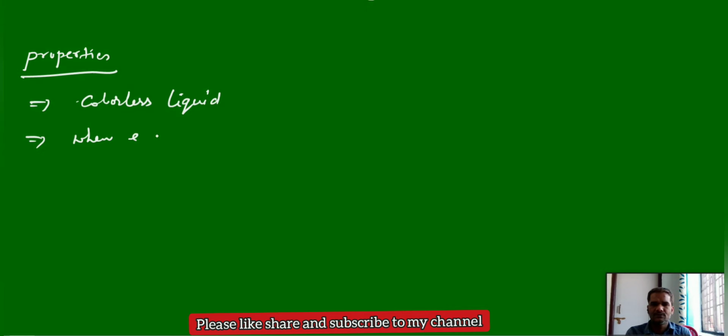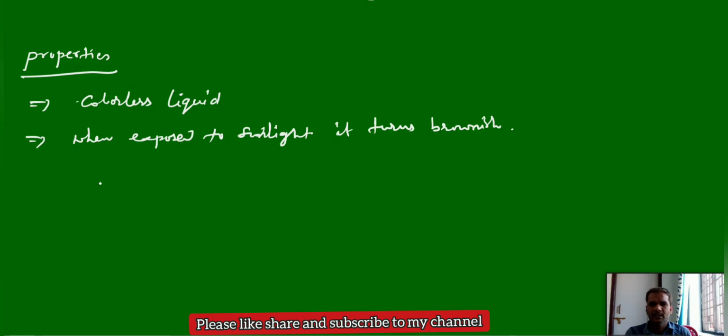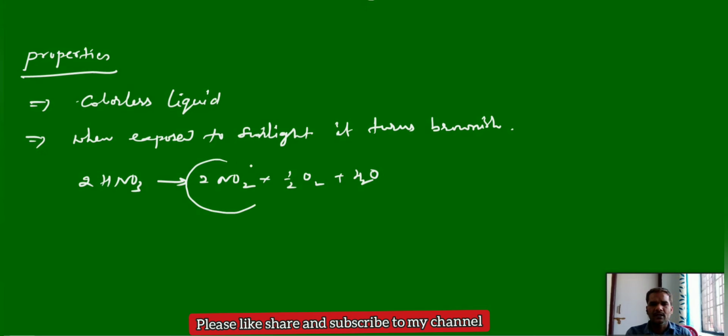When exposed to sunlight, it turns brownish, because HNO3 can undergo decomposition and release nitrogen dioxide. And this nitrogen dioxide is responsible for that brown color. We know that NO2 is paramagnetic, a colored compound. But in its pure, normal state, nitric acid is a colorless liquid.